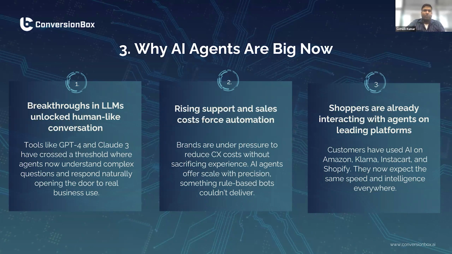Also, the cost inflation on support and sales is very high, and people are trying to automate things as much as possible. Shoppers also want a system that is super easy for them to place an order, that does the hard work of finding the best deals, with all the intelligence they are looking for. People want information in a few simple clicks, so that is another big thing.